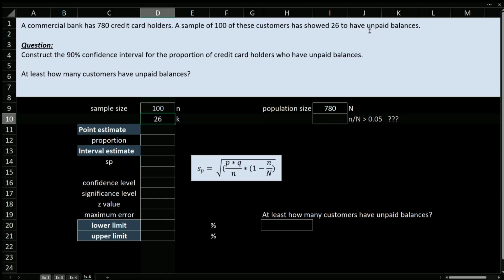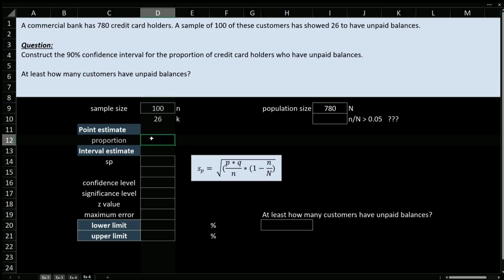in this case, unpaid balances. And we want to find the proportion of unpaid balances for the population. For the sample, we have 26 out of 100. Then proportion for the sample, which is point estimate for the proportion of the population, is k over n.